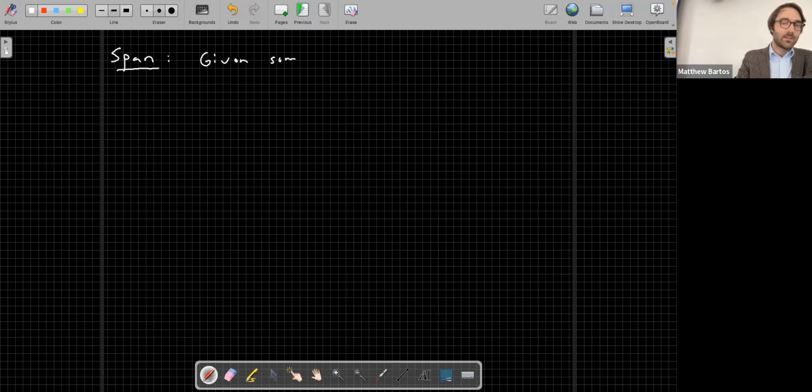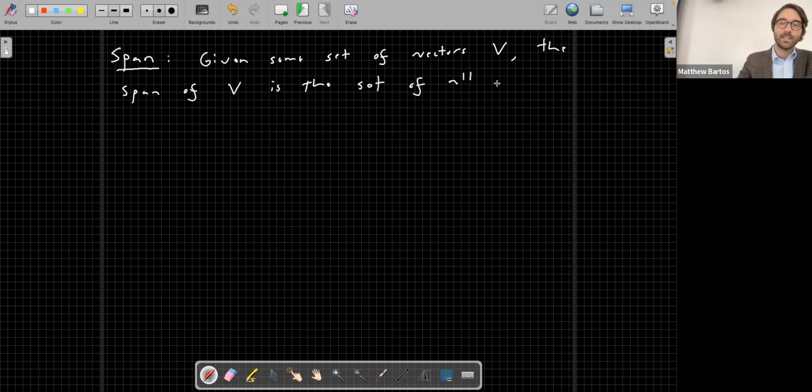Given some set of vectors, which I'll call V, the span of V is the set of all finite linear combinations of the vectors in V.